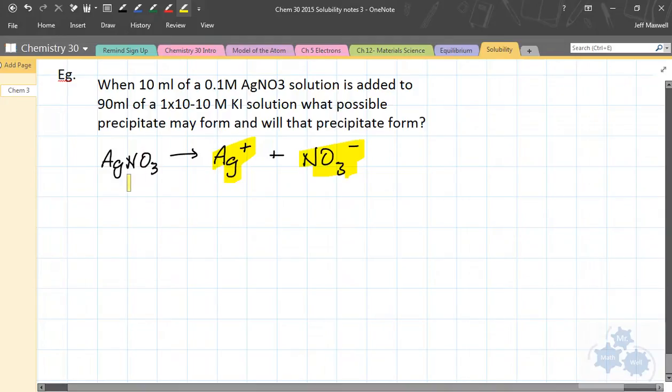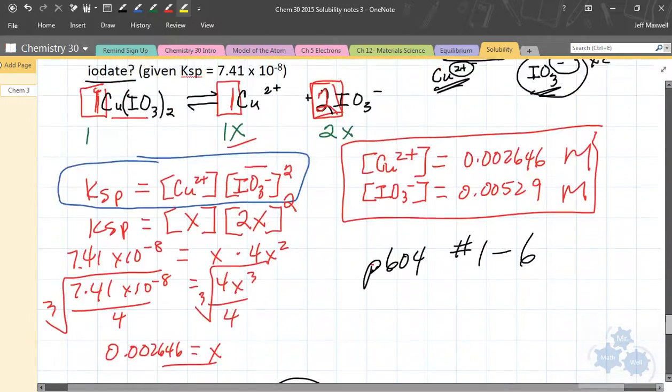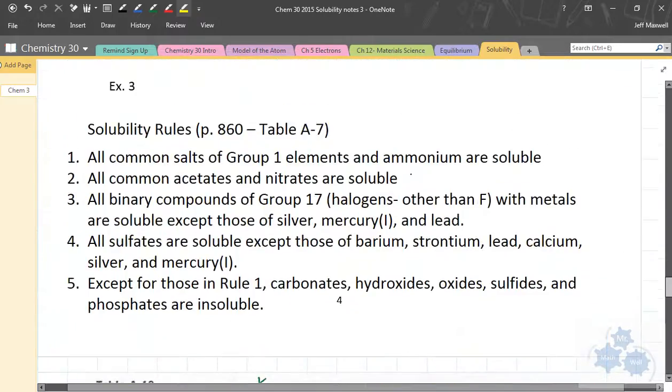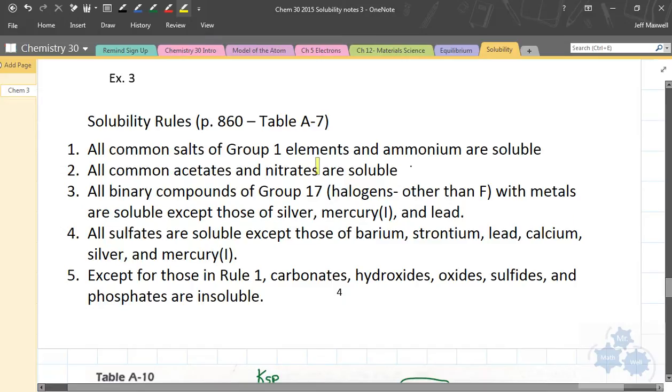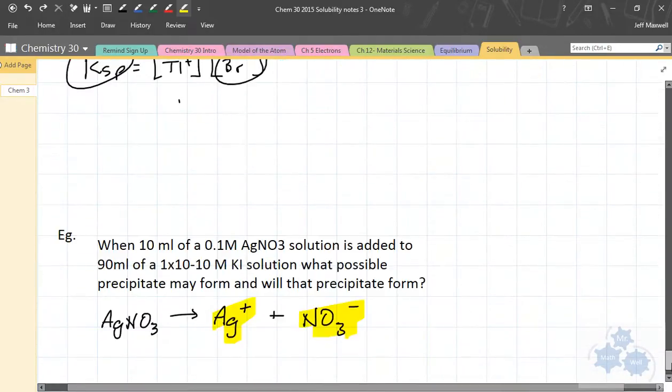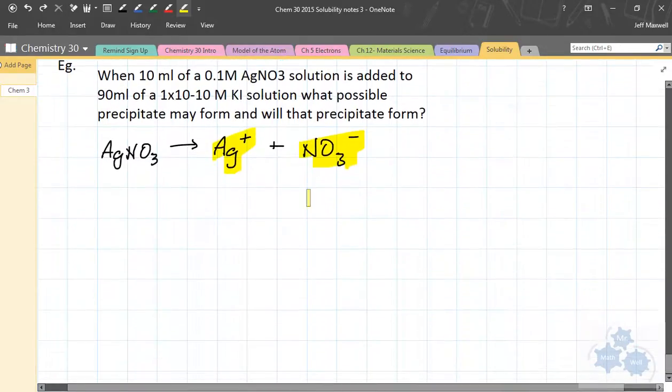We should even back up even further. Is this going to dissolve? Well, it's a nitrate. So if you look back to your rules, nitrates generally are pretty soluble. So where does it mention nitrates? Right here. All common acetates and nitrates soluble. So there you go. We know that that's going to split up, and we're going to have lots of these ions in solution. We'll find out exactly how much in a bit.